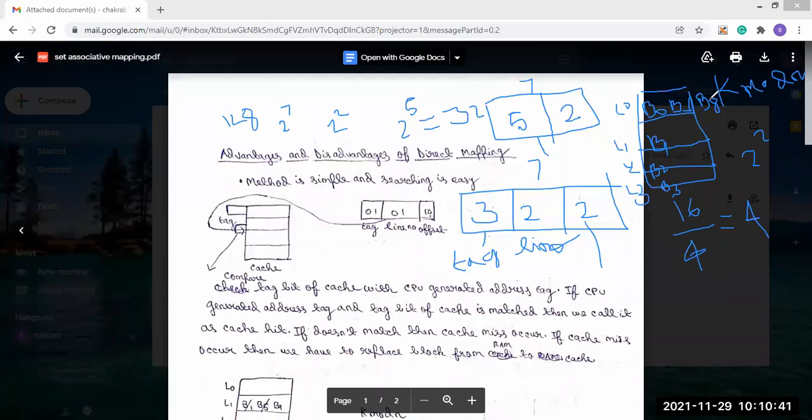But block number 1, then block number 5, then block number 9, these blocks will be present in line number 1.